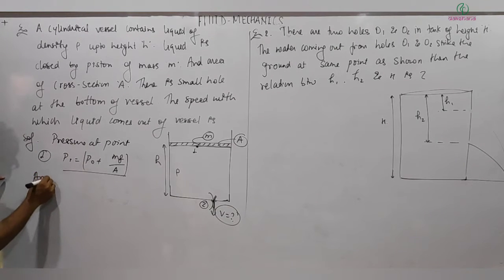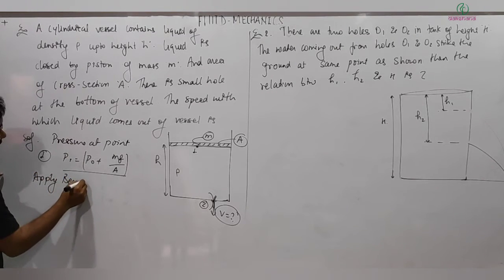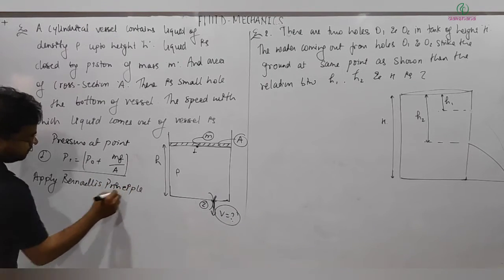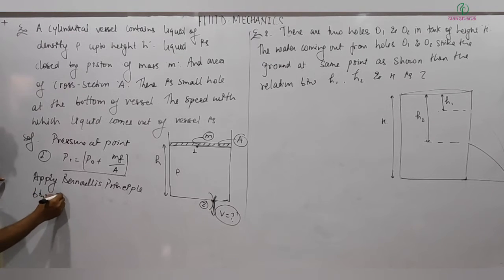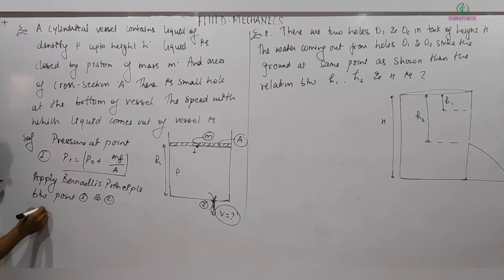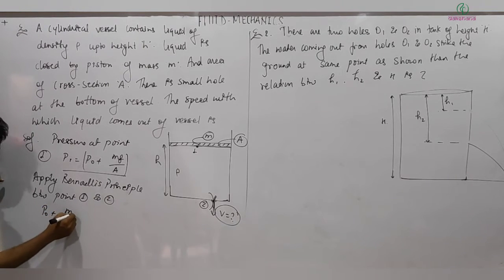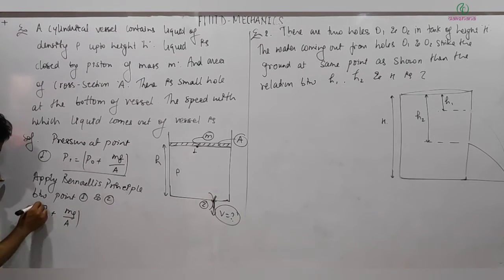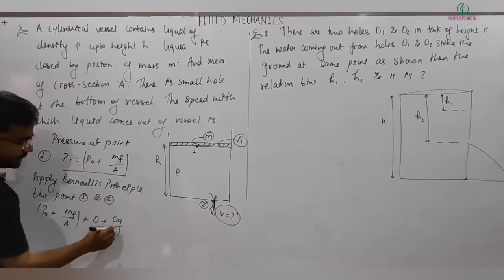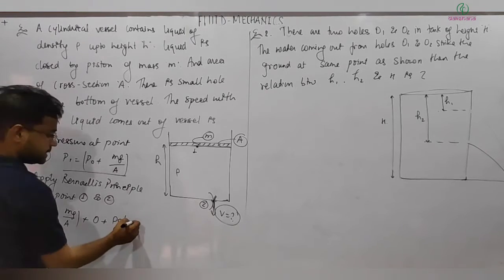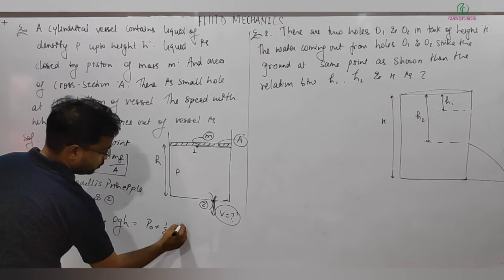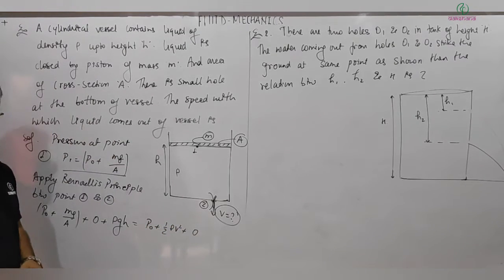So apply Bernoulli's principle between point 1 and 2. Then we can write P1, that is equal to P naught plus mg divided by A, plus half rho v square, that is 0, plus rho g h, and this is equal to the pressure at point 2, P naught plus half rho v square plus 0 rho g h.